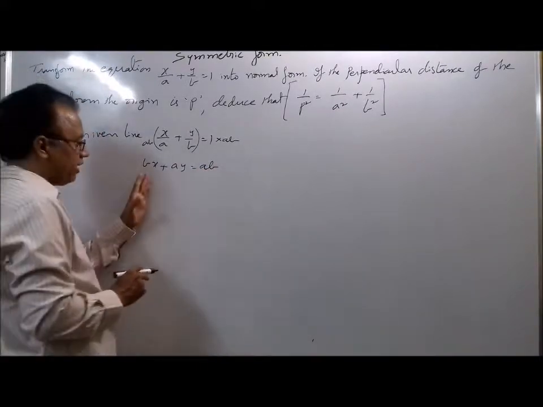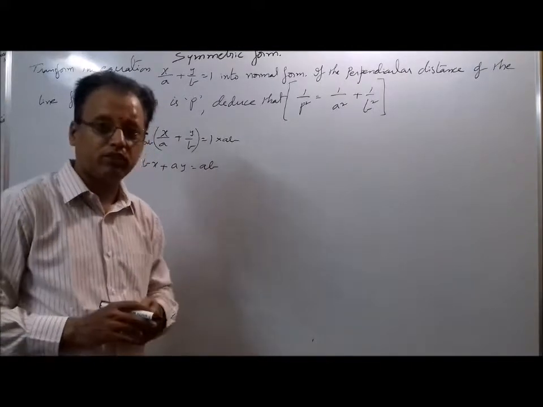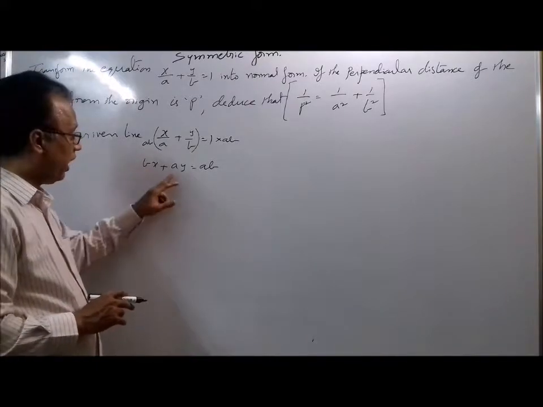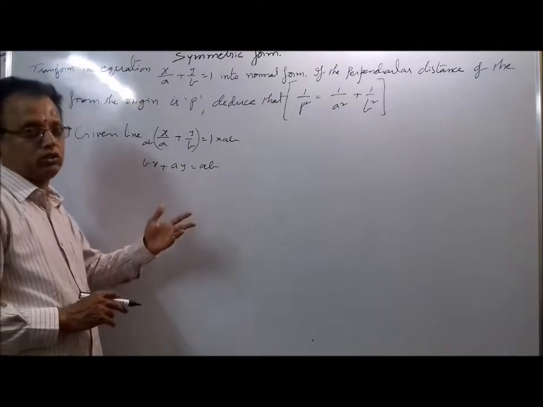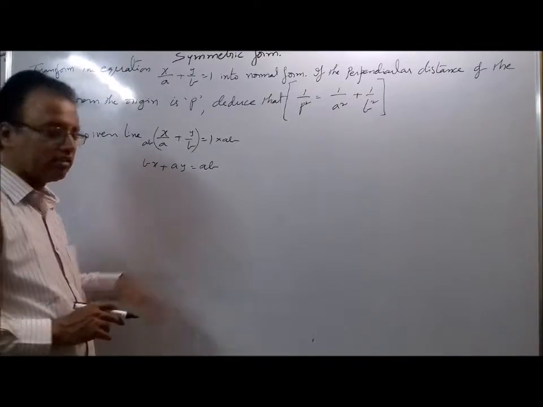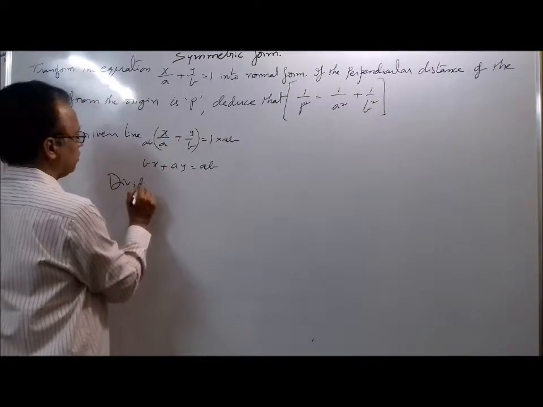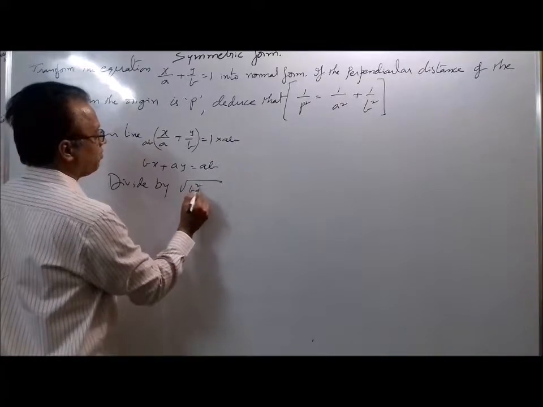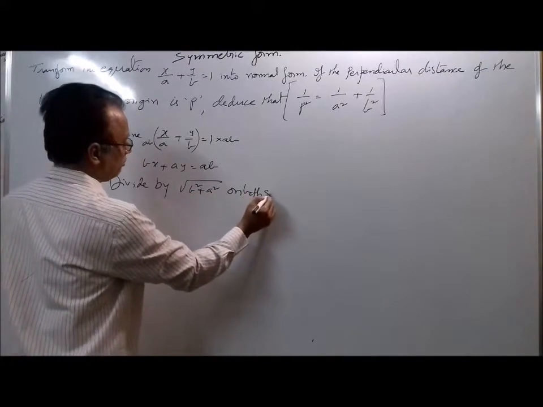Now, I told you to convert this into the normal form. So take the coefficient of x, b, and the coefficient of y, a, squaring and adding under root, and divide on both sides. That is, divide by root of b square plus a square on both sides.